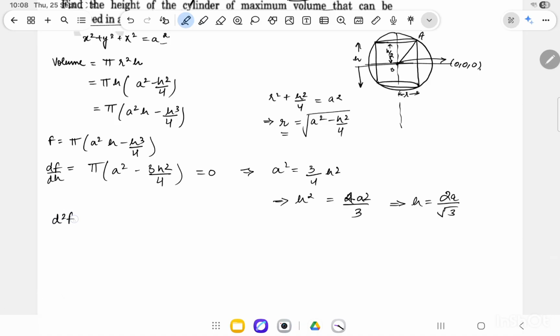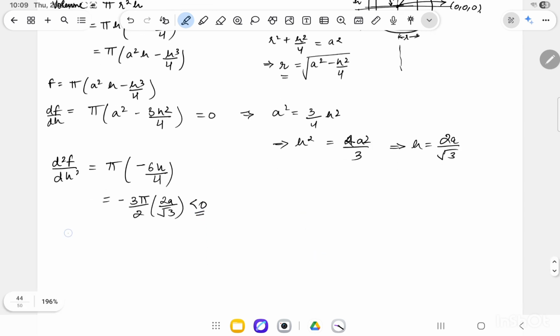And d square f by dh square will be pi into minus 6h by 4, that is minus 3 pi by 2 into h, that is 2a by root 3, and this will always be less than 0. So for height h equals 2a by root 3, the volume of the cylinder is maximum.